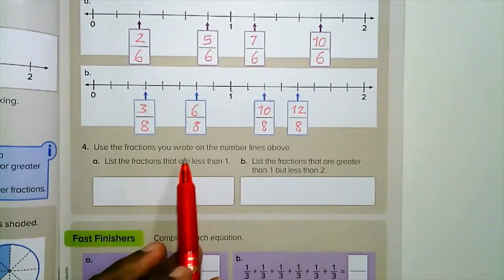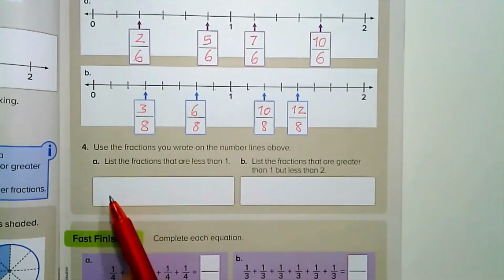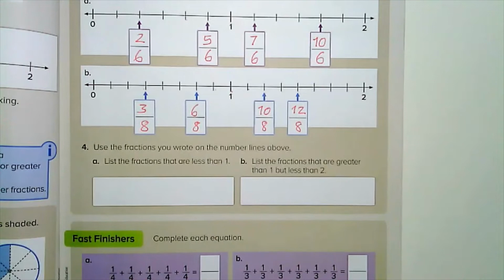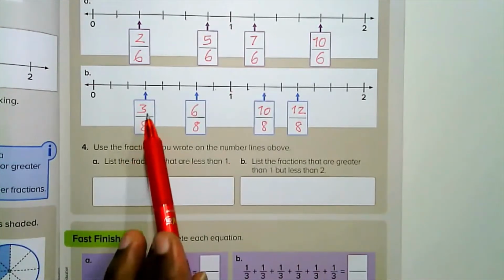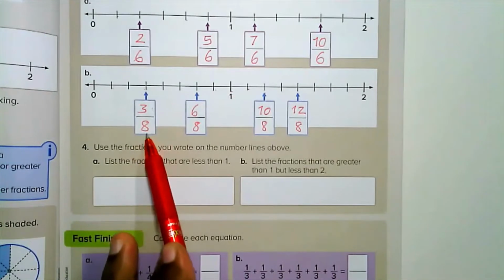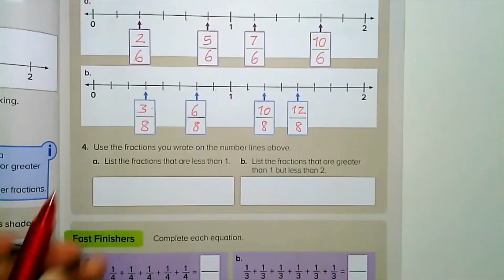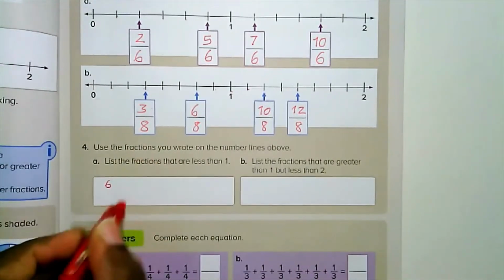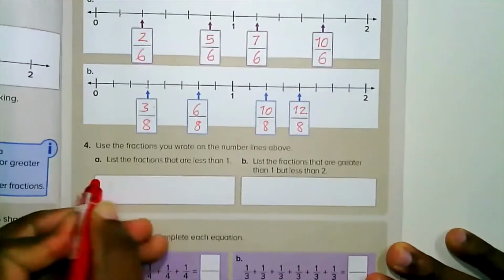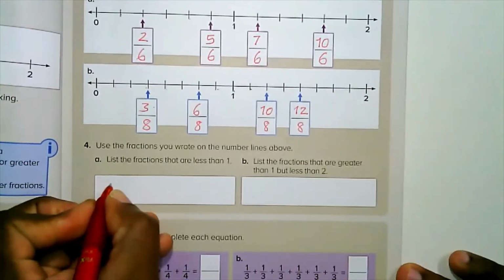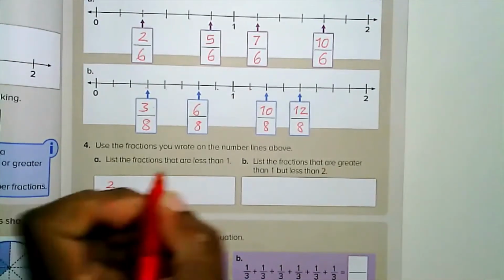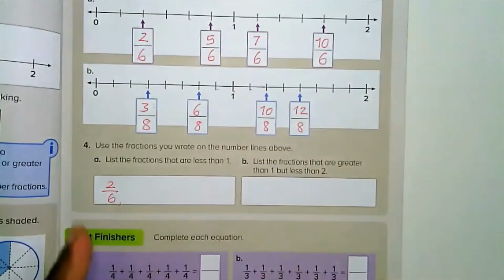Use the fractions you wrote on the number lines above. Part A, list the fractions that are less than 1. The ones that are less than 1 are the ones where the numerator is less than the denominator. So 2/6 is less than 1. 5/6.